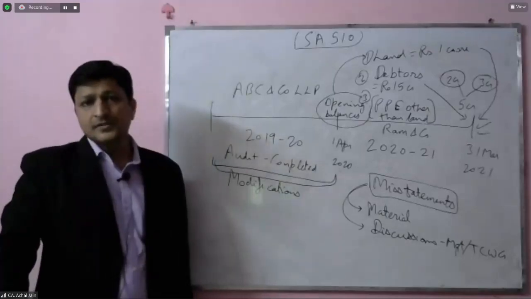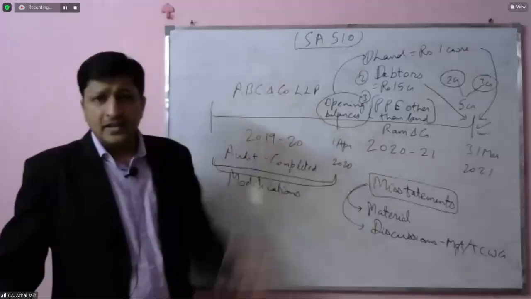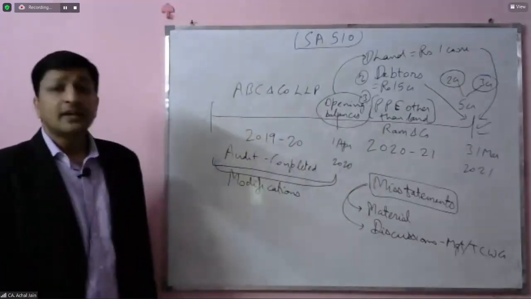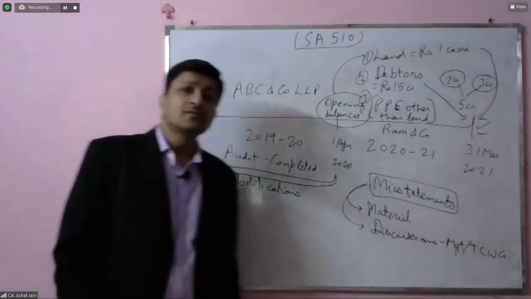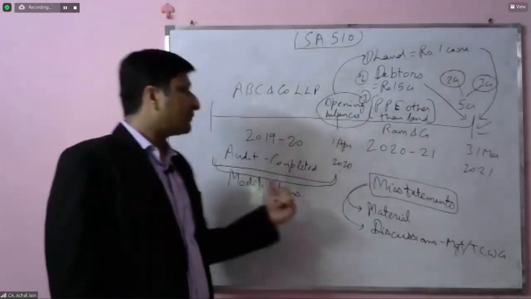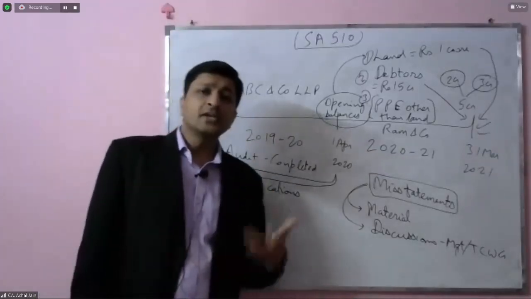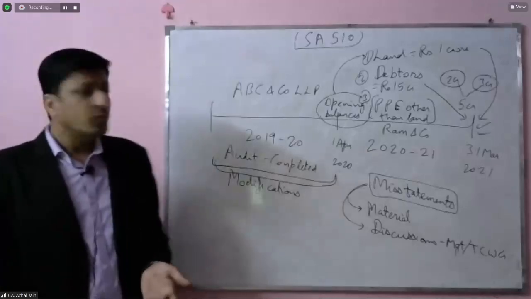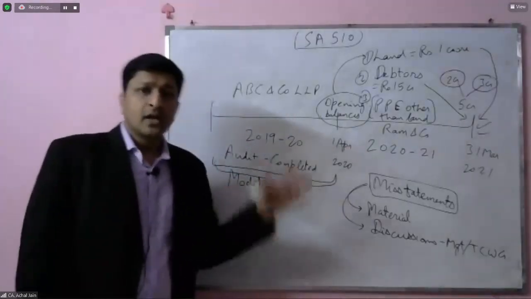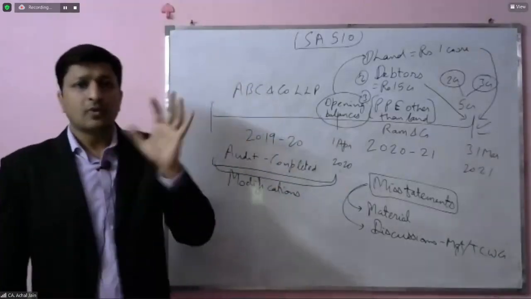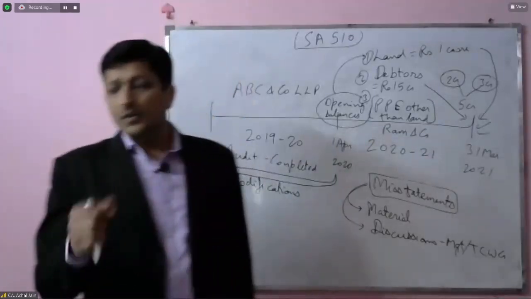First situation is that in respect of the opening balances, the auditor found some problems, and because those were not adjusted in the financial statements of the last year, the auditor, that means the new auditor, may have a view that last year's financial statements should have been modified, but those were not modified.